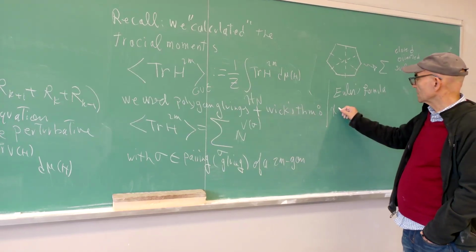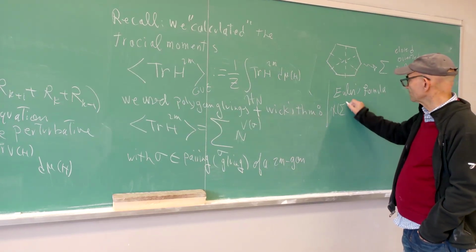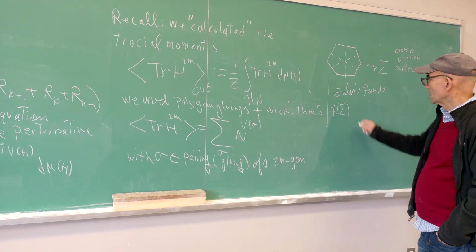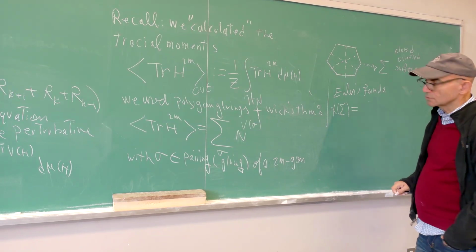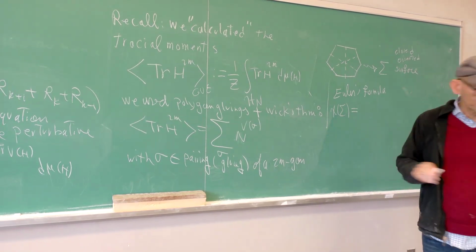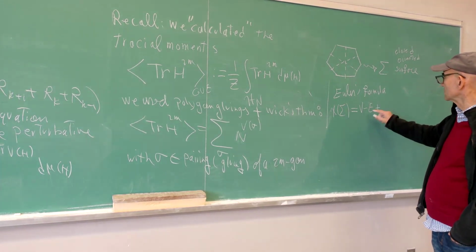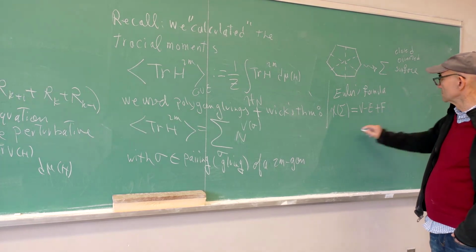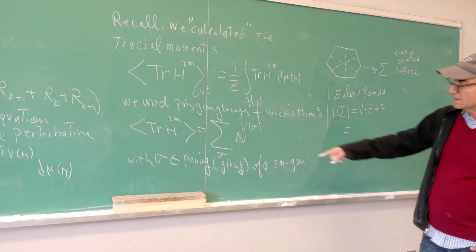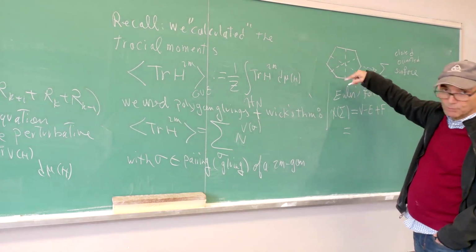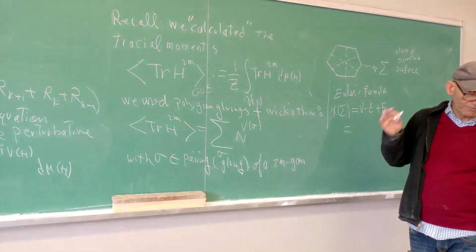And then the thing is, the Euler characteristic of this sigma is actually equal to number of vertices minus edges plus faces. But in this case, in all these polygon gluings, there's always one face.